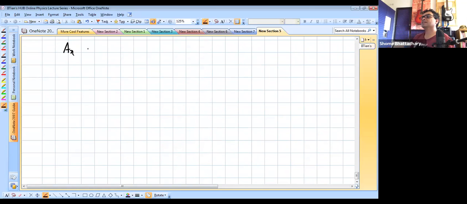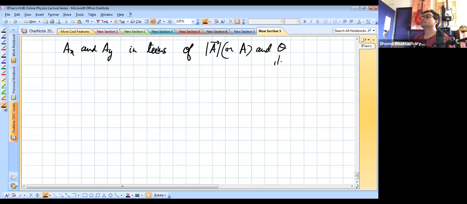We will understand Ax and Ay, that is the components, in terms of the magnitude of the vector, or what we simply denote as A, and theta, that is the angle with respect to the x-axis.